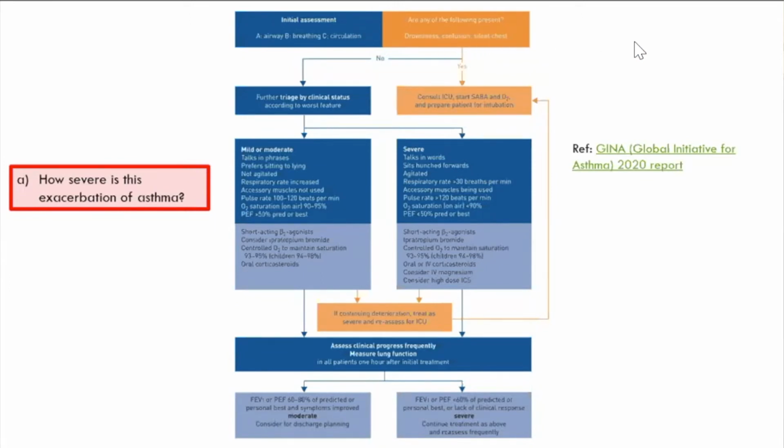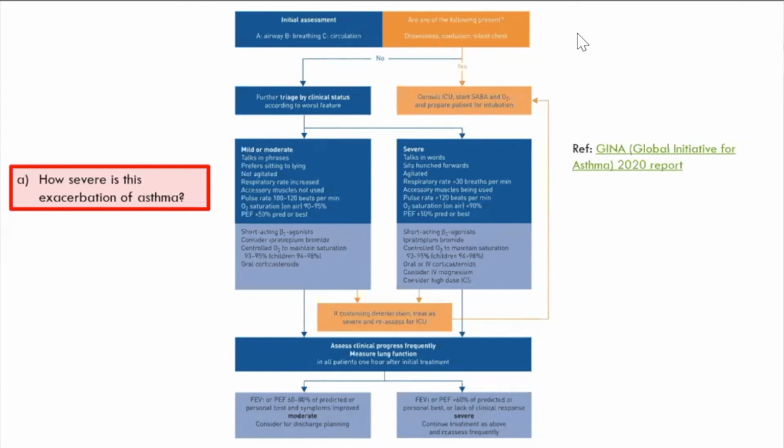She was audibly wheezy initially, and then her partner said that's got much quieter and she can't really hear it anymore. All of those things suggest that this is pre-terminal, that the person's starting to fail, starting to go into respiratory failure, potentially converting from type 1 respiratory failure into type 2 respiratory failure. We'll go into that in a second. And so this is really bad.